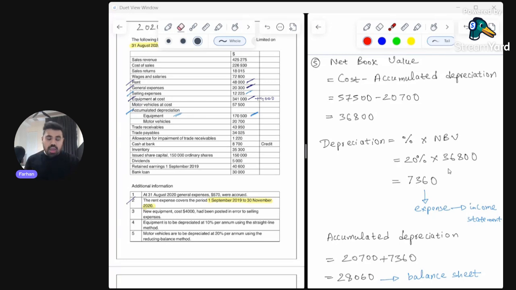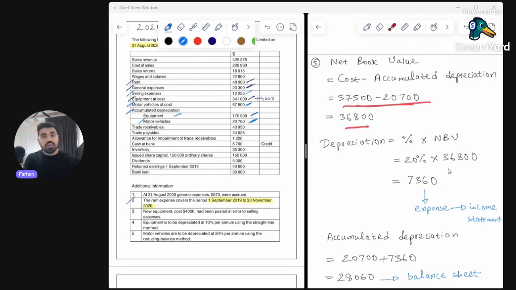All right. Now, the cost, as you can see from the list of balances we were given for motor vehicles, is $57,500. And then the accumulated depreciation for motor vehicles is $20,700. So we are subtracting $20,700 from $57,500, which gives us the net book value of $36,800. Okay?